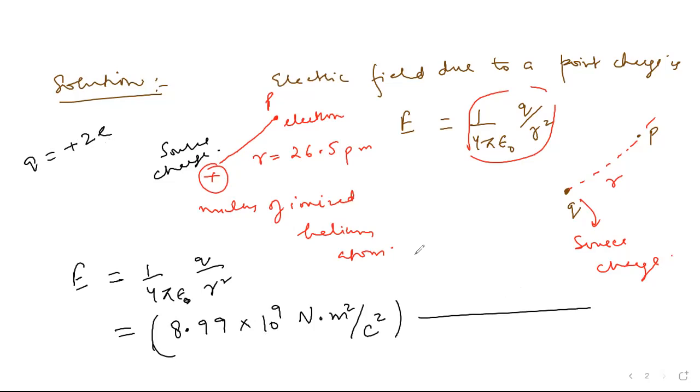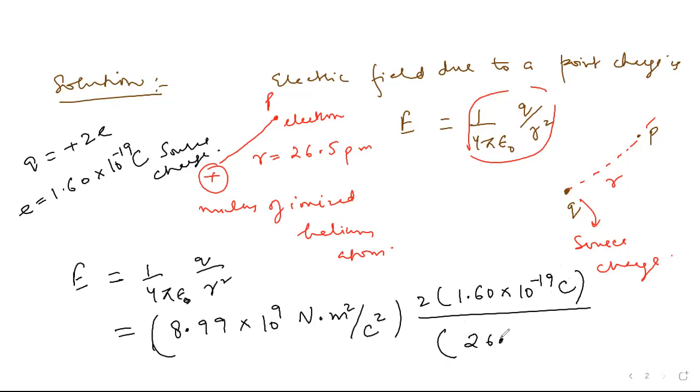Let us put the values, and you know the value of e is 1.60 into 10 raised power minus 19 coulomb. So our Q is now 2e, that means 2 multiplied by 1.60 into 10 raised power minus 19 coulomb. Then we have r square, where r is 26.5 picometer.